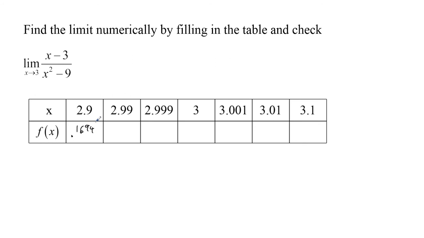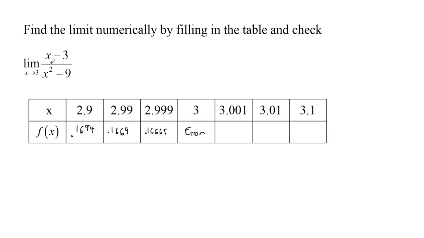When I type in 2.99, I get 0.1669. When I type in 2.999, I get 0.16669. When I type in 3, I get an error.